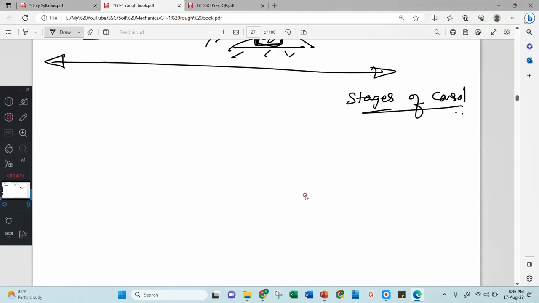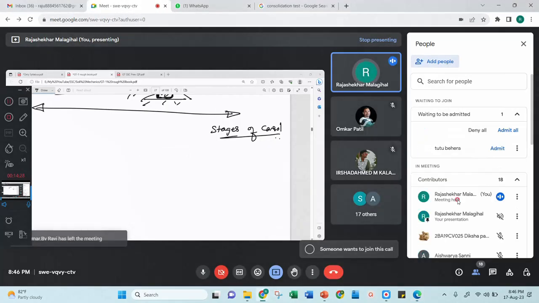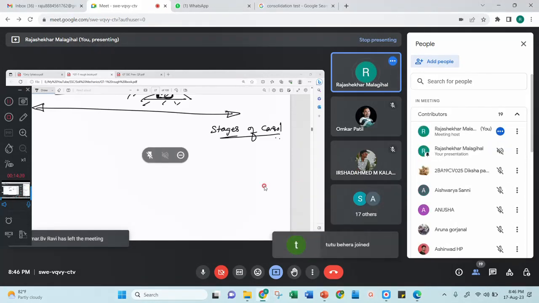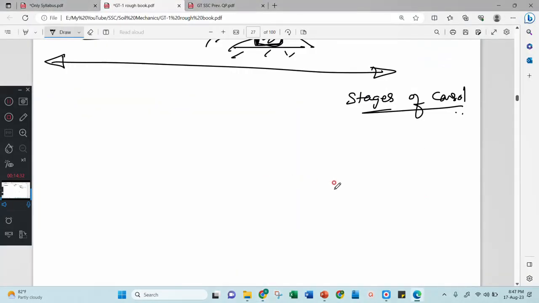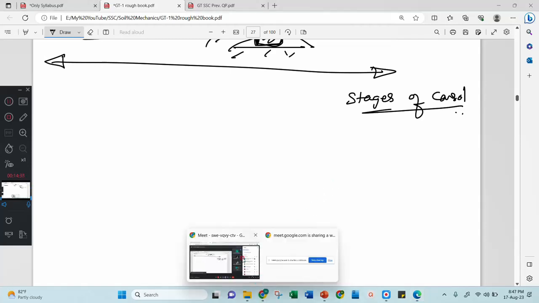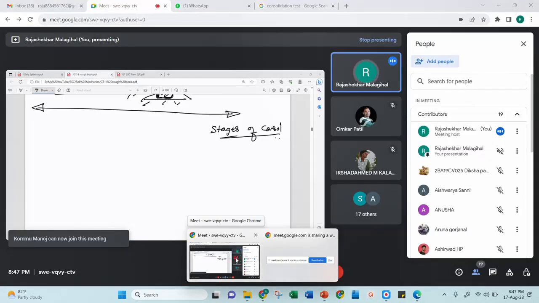Why? Because whenever you apply a static load on the soil, the first stage is initial consolidation, the second stage is primary consolidation, and the third stage is secondary consolidation. These are the stages, not the types. Any doubts?